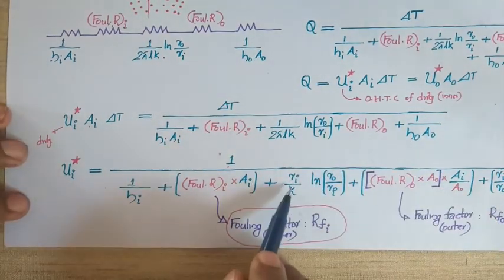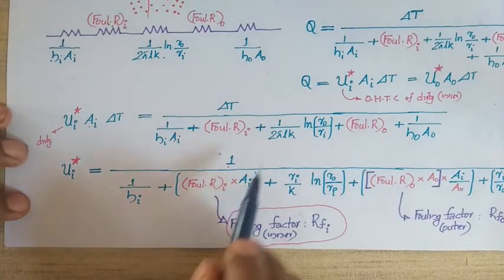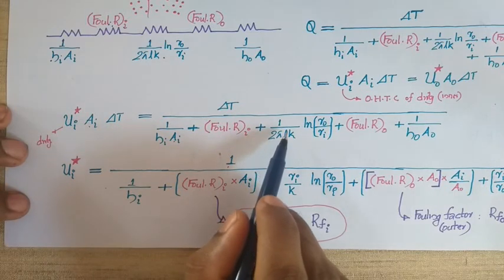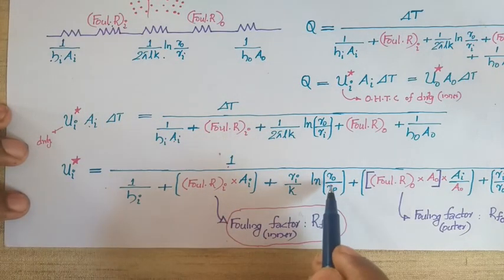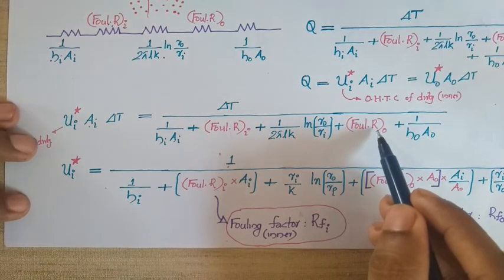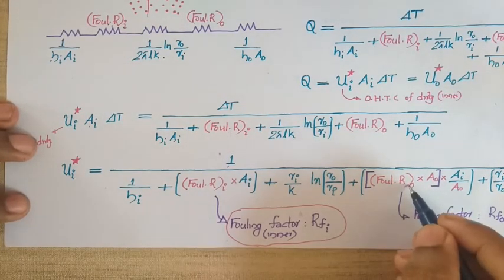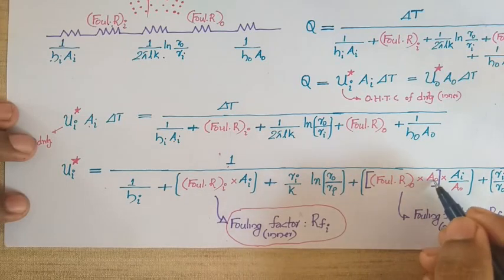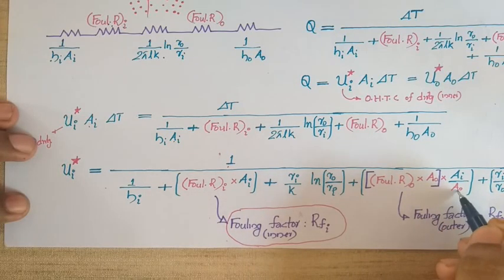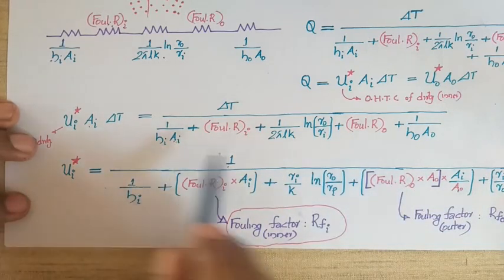Similarly, Ai is 2 pi ri into l. This 2 pi l will be getting cancelled, ri by k into log ro by ri, plus the fouling resistance at outer. Here I will be multiplying by Ao in the numerator and Ao in the denominator. Then this Ai will be coming here.